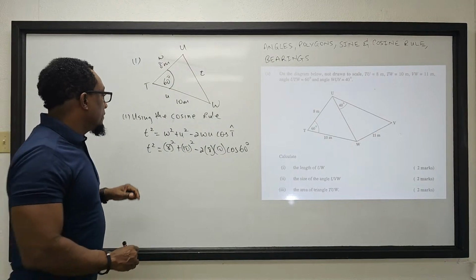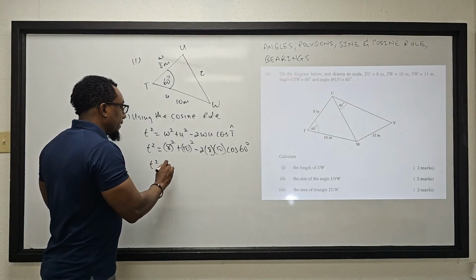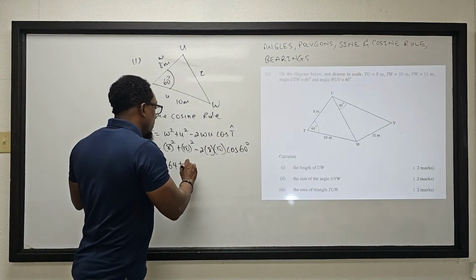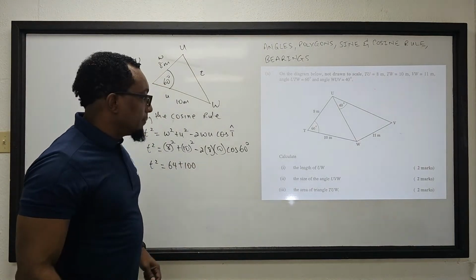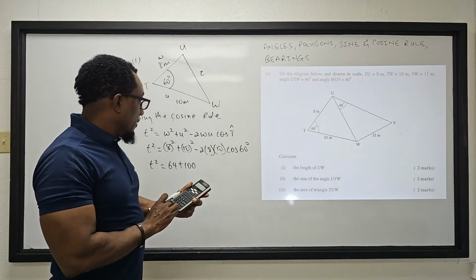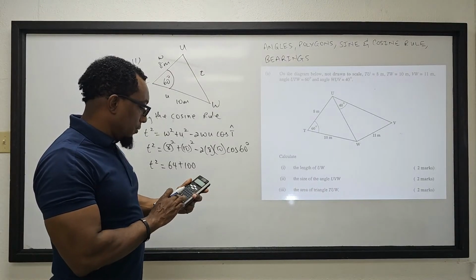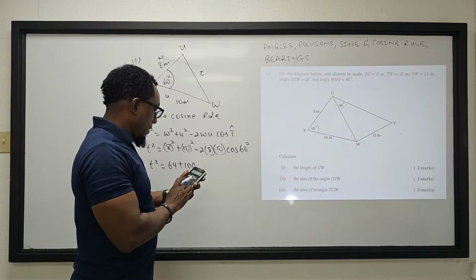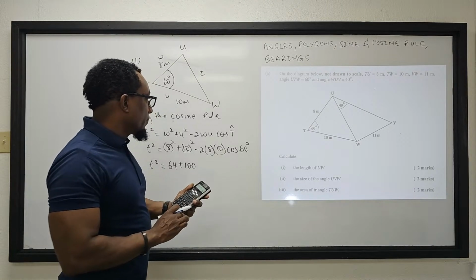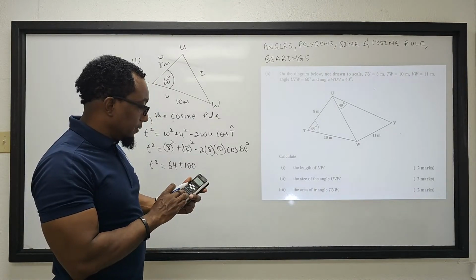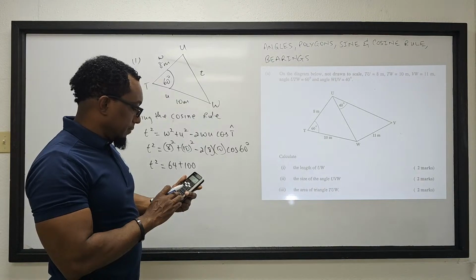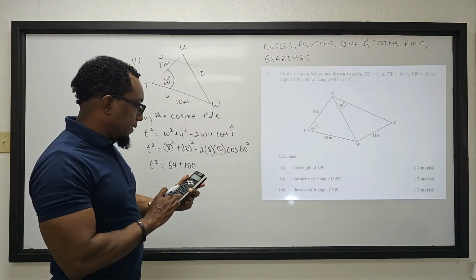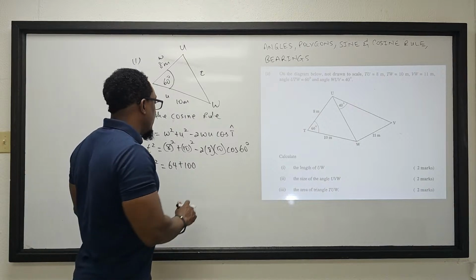This will be t squared is equal to 64, that's 8 squared, 8 by 8, 64. 10 squared is 100. This is negative 2 by 8 by 10, multiplied by cos 60, so we're supposed to get negative 80.